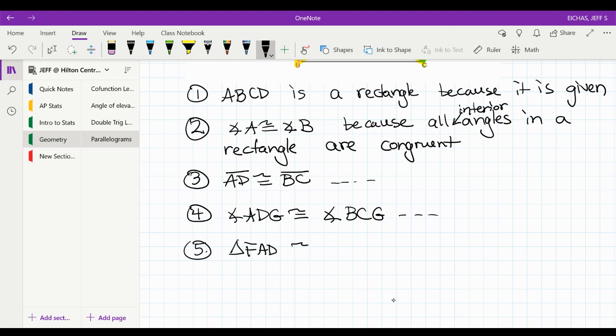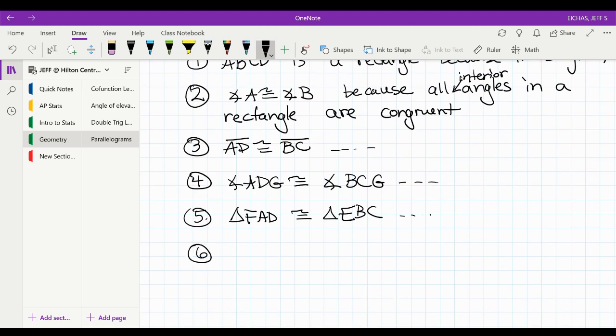Name it right, please: triangle ADF congruent to triangle BCE, and that's by the angle-side-angle triangle congruence theorem. Okay, step 6, AF congruent to BE, and that's by corresponding parts of congruent triangles are congruent.